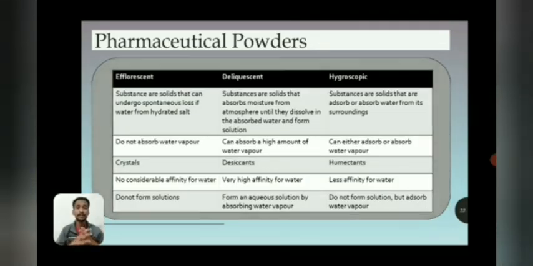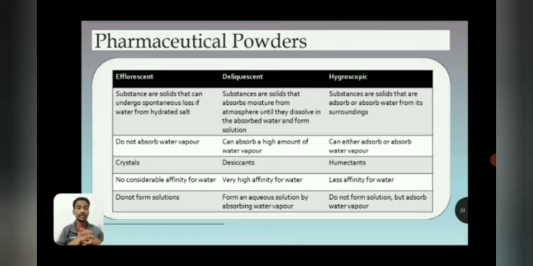Now we will compare the efflorescent powder with deliquescent and hygroscopic powders on the basis of their basic characters and some other points. First, efflorescent powder does not absorb water from the external environment; instead it releases water to the external environment. But deliquescent powder absorbs water from the external environment. Hygroscopic powder can absorb and adsorb water from the external environment.